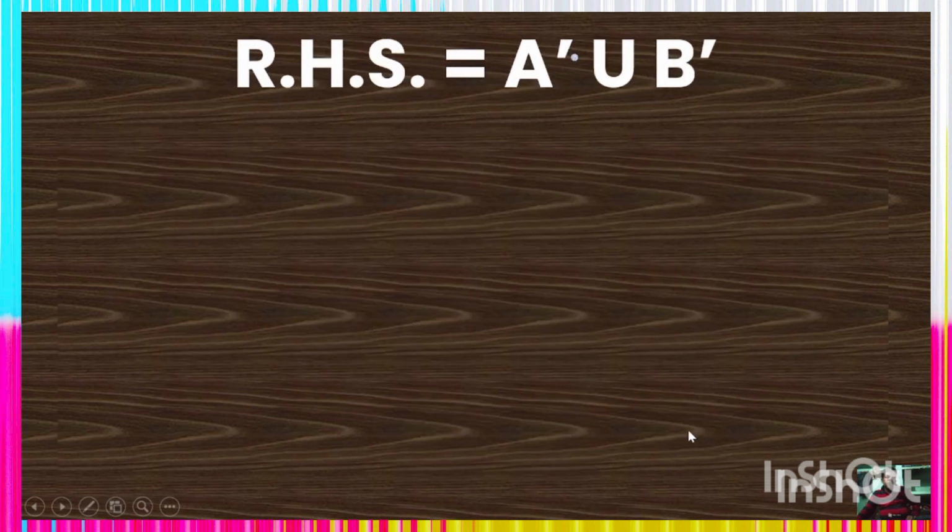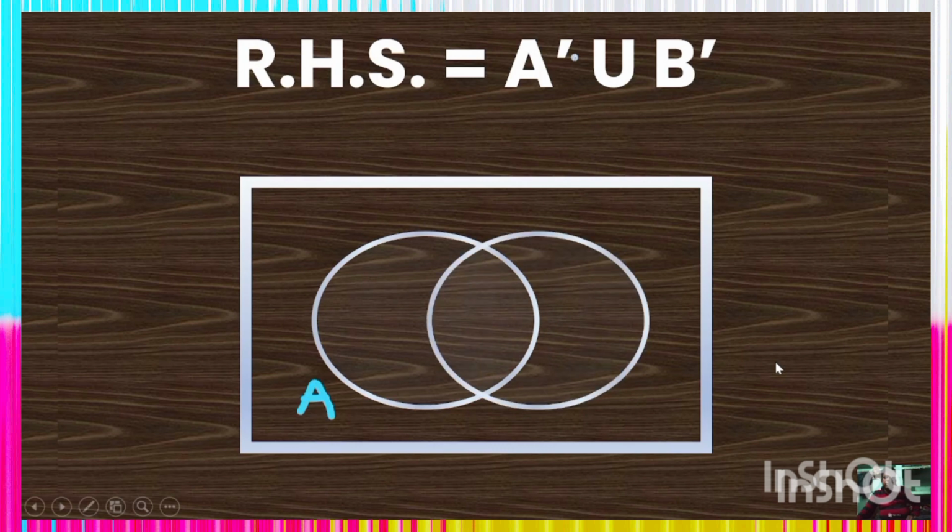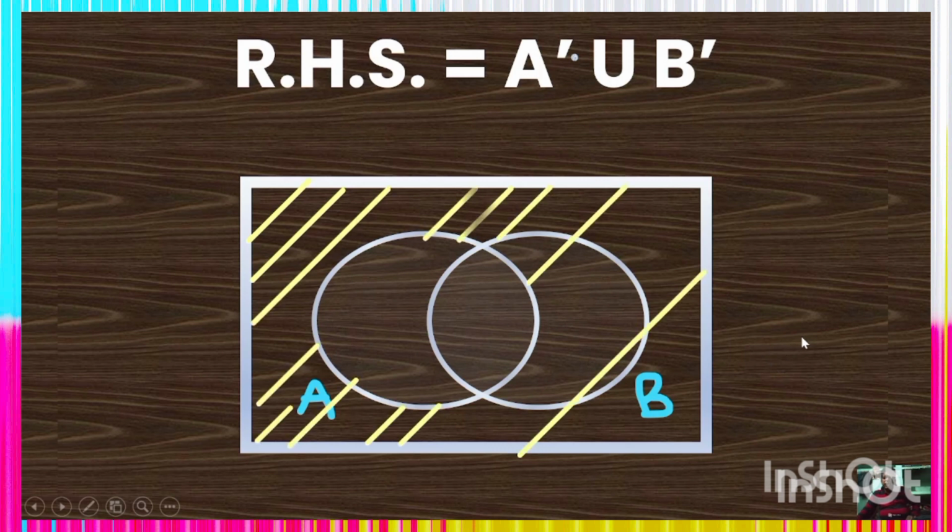Now you have to find out A' union B' with the Venn diagram. Now this is the set A and this is the set B. Now draw the shaded portion of the complement of the set A, which is A'.